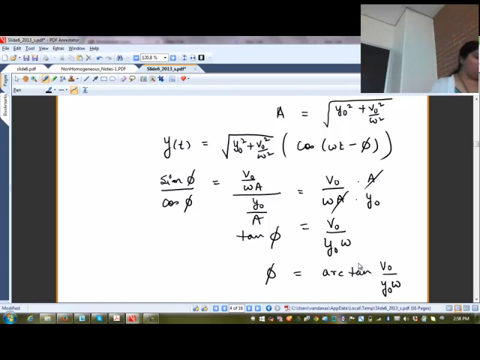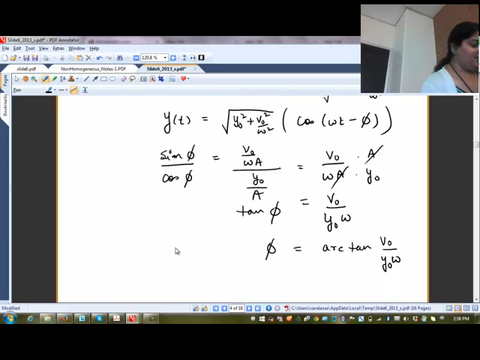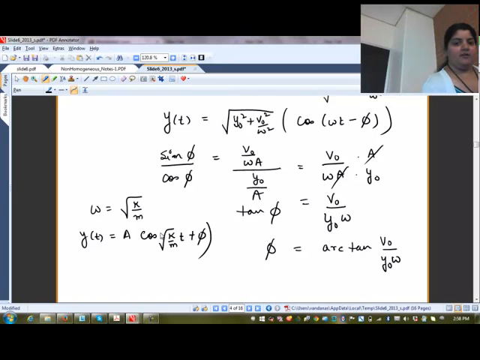Okay. So now a couple of terminologies related to physical significance. Omega here is square root of k over m. y of t here, the solution of this, is A cosine of square root of k over m t plus phi. Did we have plus or minus? Let me go back and check.